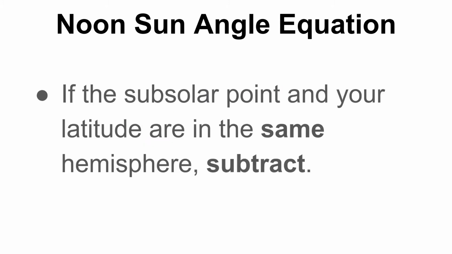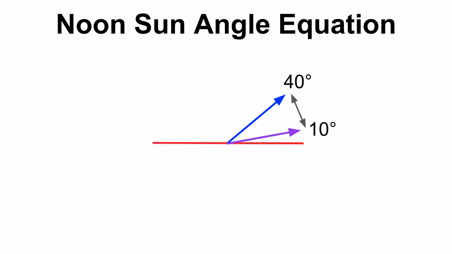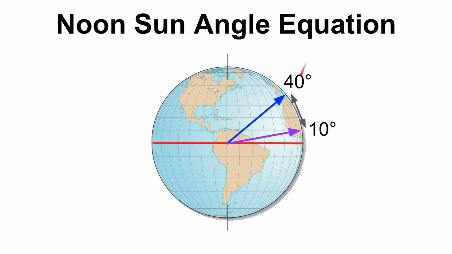If the subsolar point and your latitude are in the same hemisphere, you're going to subtract. Here we have 40 degrees north and 10 degrees north. The difference between them is a 30-degree angle, so you subtract the 10 from the 40. They're in the same hemisphere, so you subtract. I would remember it that way: same, subtract, because I have a small brain and it makes it easier to remember.